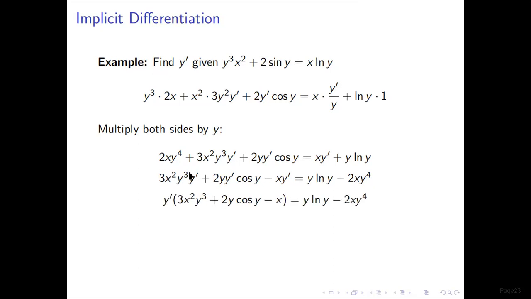Factoring y prime will leave you with just the quote unquote coefficients of y prime. And afterwards, you can just bring it down to get the expression for y prime. And we have y prime in terms of x and y found by implicit differentiation.